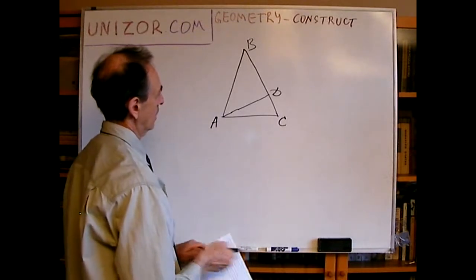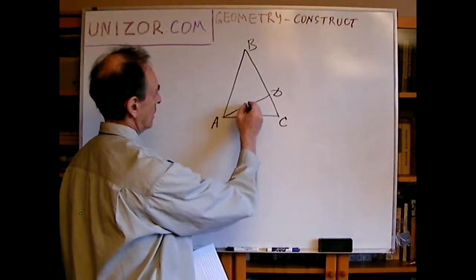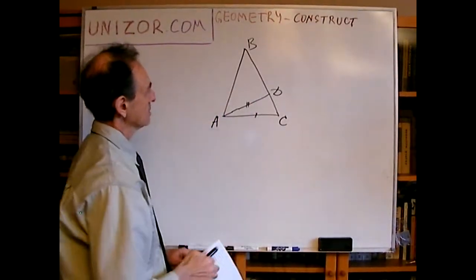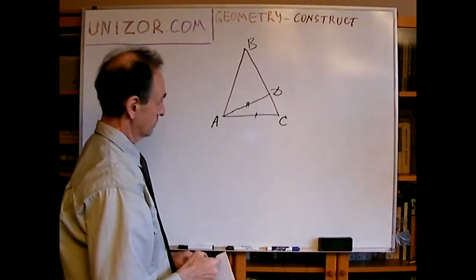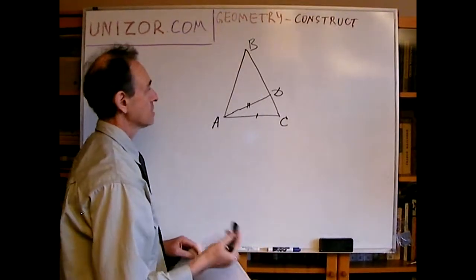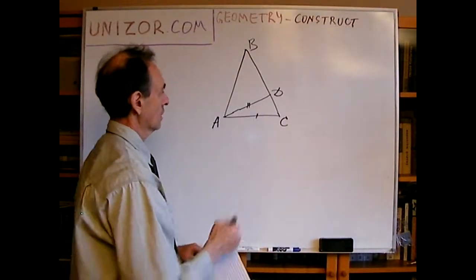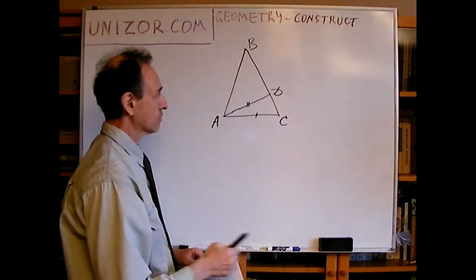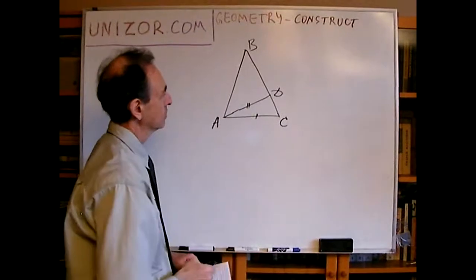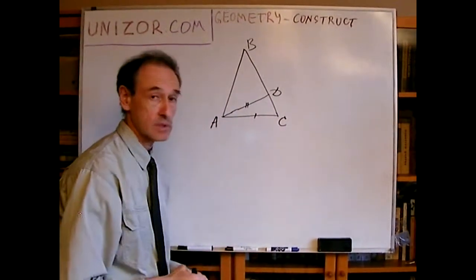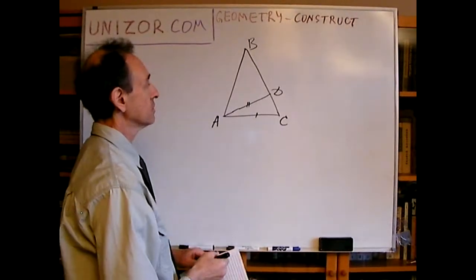So I have this, and I have altitude to one of congruent sides given. Now, well, obviously, as you understand, I can consider the triangle ADC. It's a right triangle, since this is an altitude, and I know hypotenuse and the catetus of this right triangle, so I can build it.